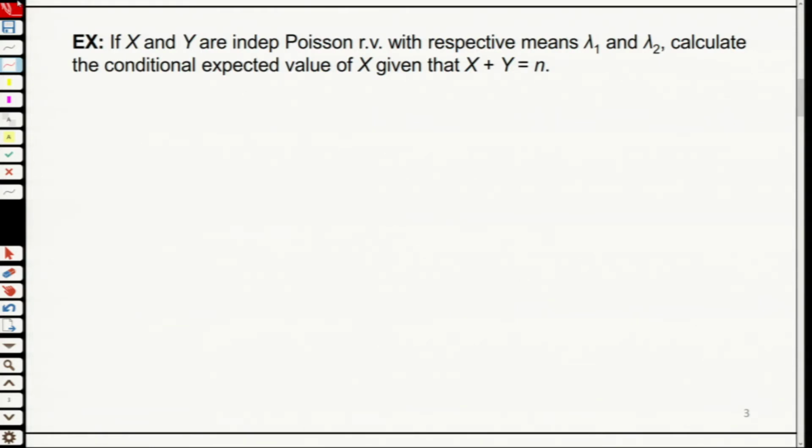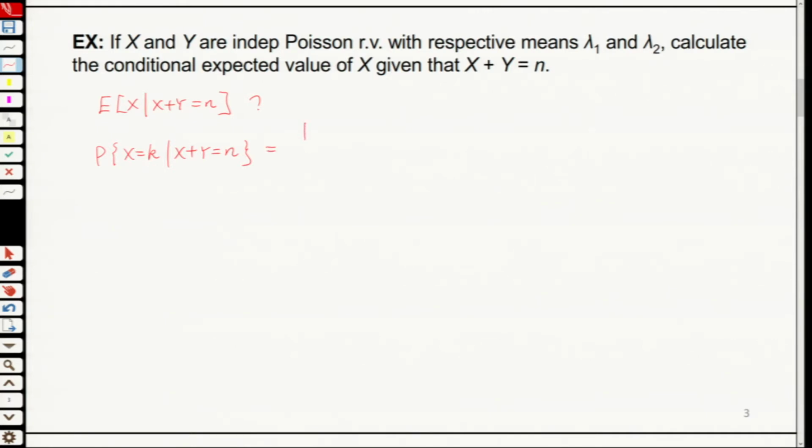So let's do it. We are going to get the expectation of x given x plus y equals n. So we are interested in this value, right? Now, let's first calculate the probability that x equals k given x plus y equals n.